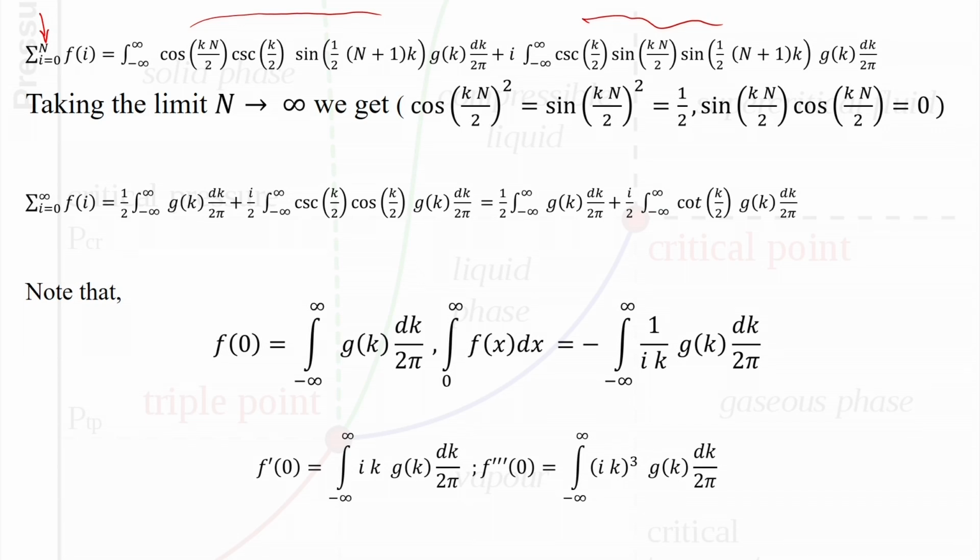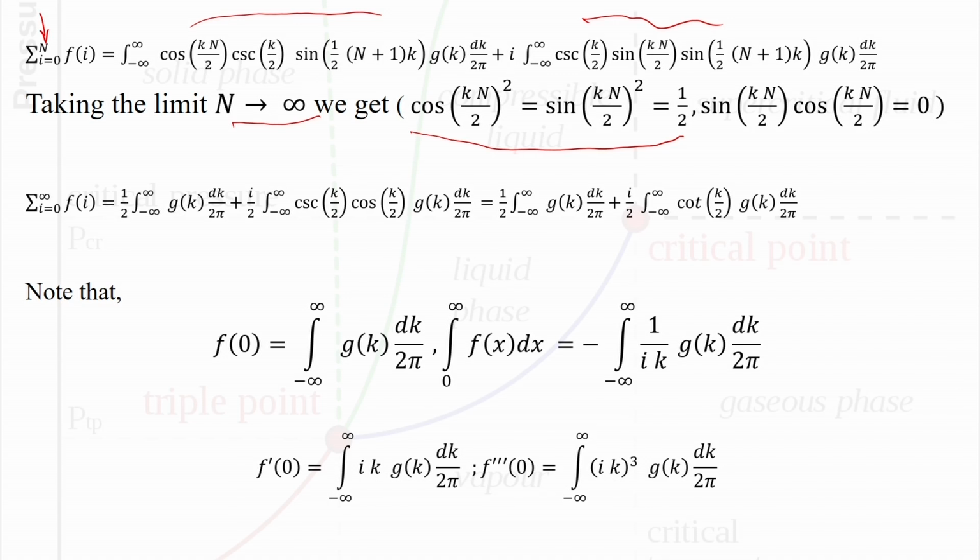Now this limit, strictly speaking, doesn't exist in the mathematical sense, but we use our physics intuition and say that when n tends to infinity, we intuitively argue that cosine squared becomes half. Cosine itself oscillates rapidly between negative and positive values equally.